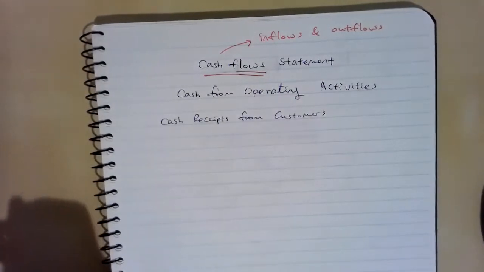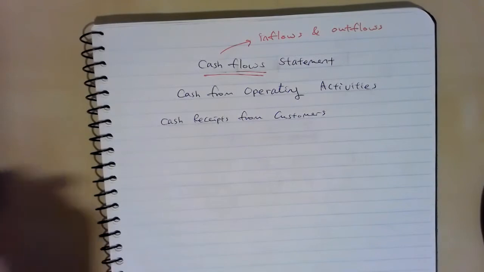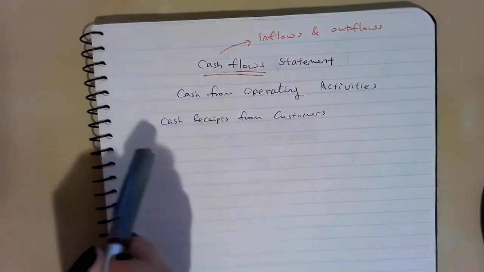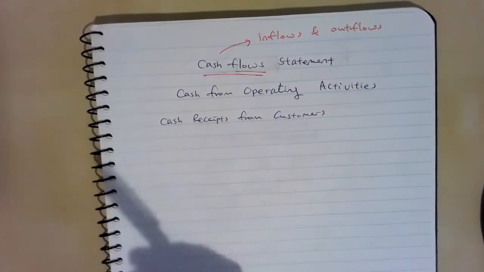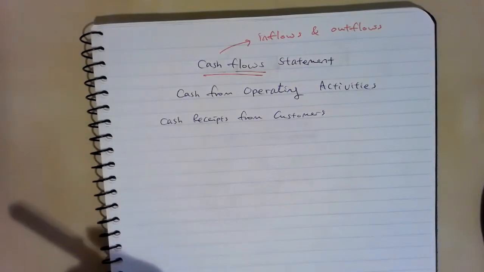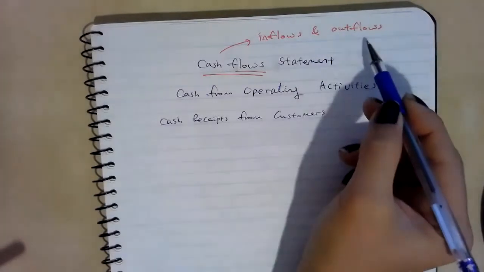Nothing else. If the transaction doesn't involve any cash, then it won't be captured in cash flows. However, the balance sheet and income statement are prepared on an accrual basis, meaning we recognize transactions as they occur. So it will be captured there, but cash flows is strictly looking at cash inflows and outflows, and that's it.